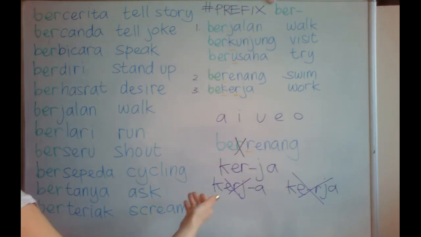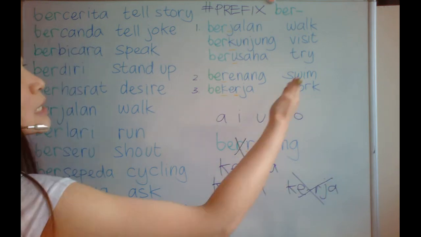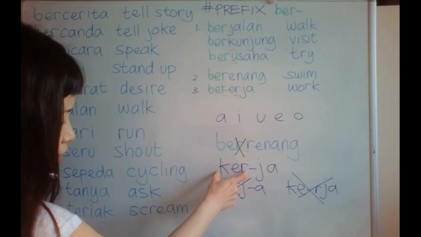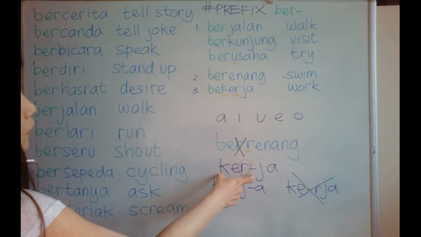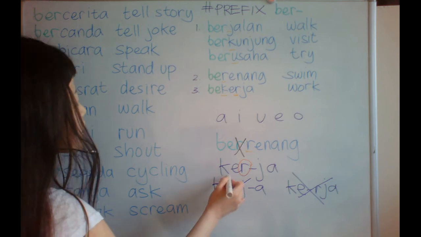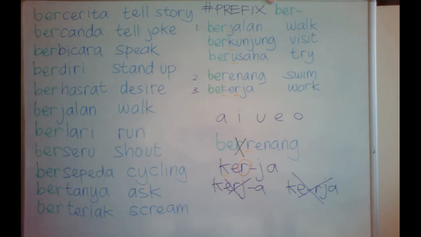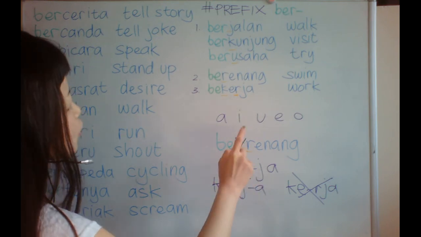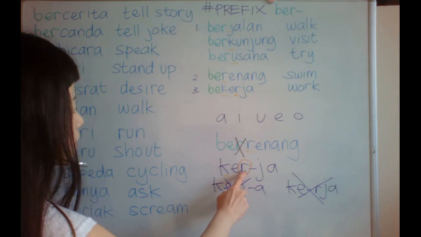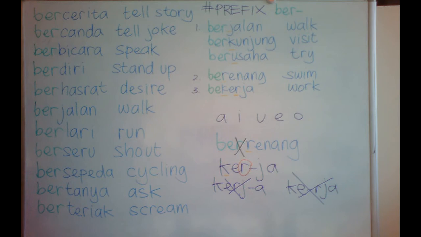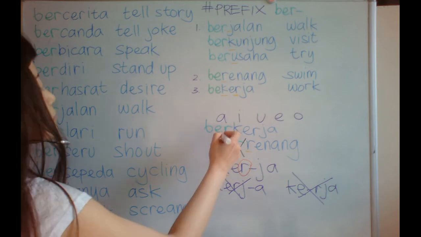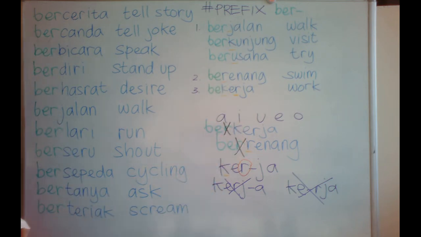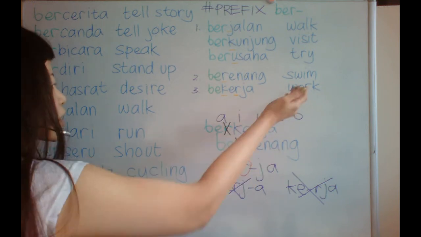And in the first section here, it ends with R. So if you find the word starts with K and in the first section you find it ends with R, it cannot be ber. It has to be be, bekerja, work.